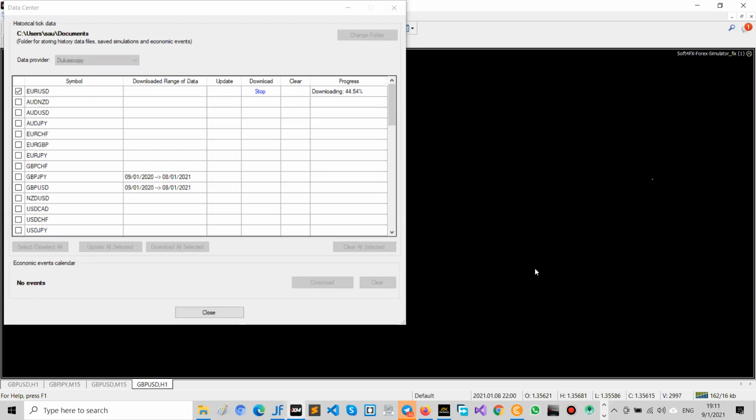So let's wait, it's now downloading. It's necessary for a beginner, an intermediate trader, and a professional trader. All traders need this software, trust me.